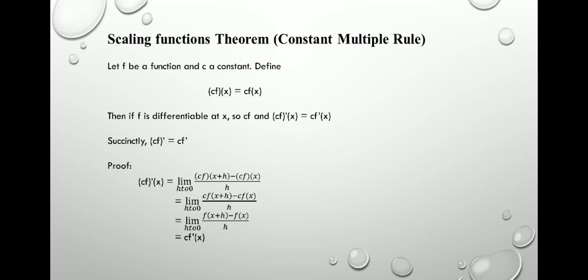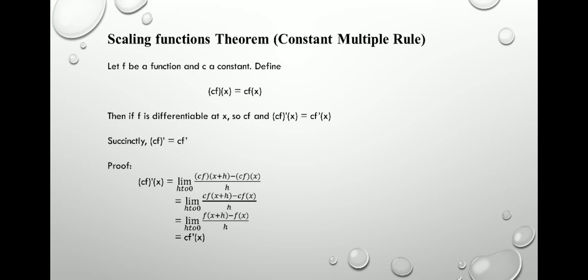Next is the scaling functions theorem, or what we call the constant multiple rule. Let f be a function and c a constant. Define the quantity (cf)(x) as equal to c times f(x). Then, if f is differentiable at x, so is cf, and (cf) prime of x is equal to c f prime of x. Succinctly, (cf) prime is equal to c f prime. We have the proof here.